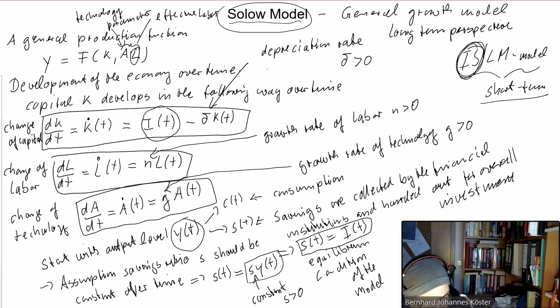So we are modeling production, and the main inputs of production are, of course, capital and labor, and we also introduce this variable A, which is the general technology parameter within our model.